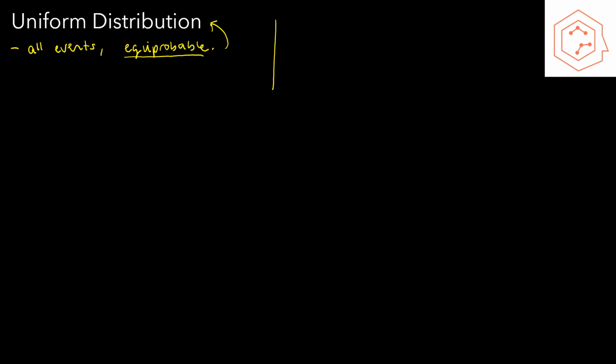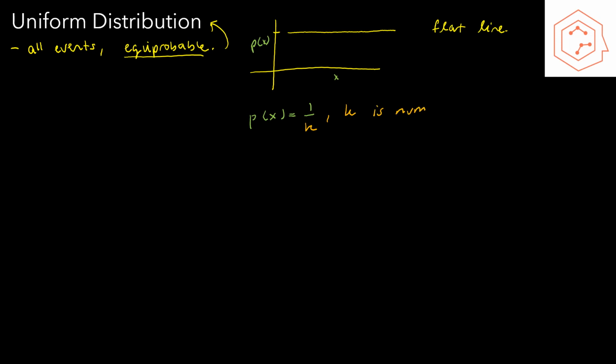So when we graph this kind of experiment, you'll have some probability up here, and every single outcome is going to have the same probability, so you end up with a flat line. And the form of this distribution is a p of x. So this is p of x, this is x. P of x is equal to 1 over k, where k is the number of possible outcomes.